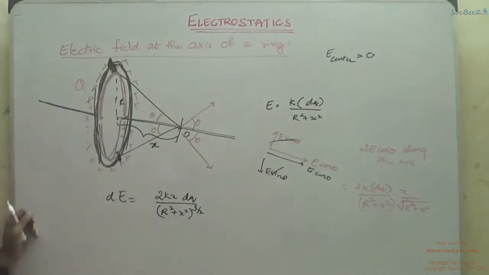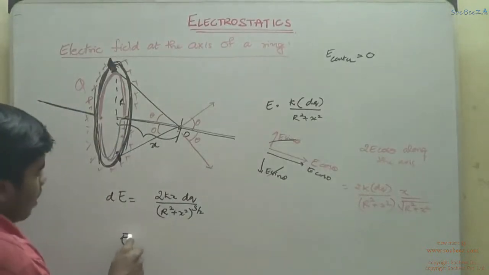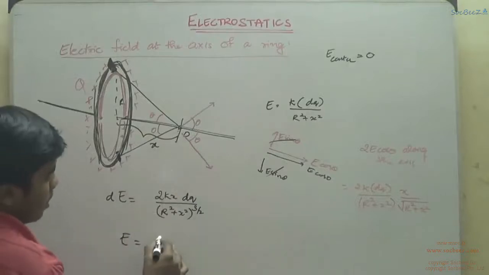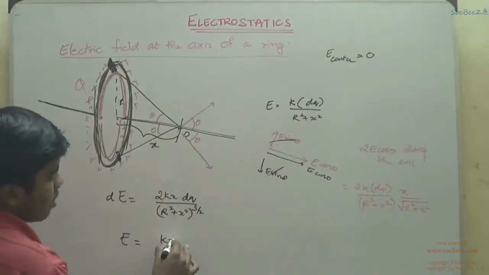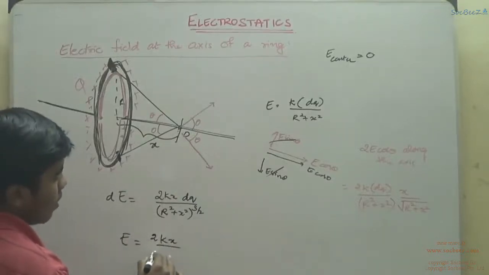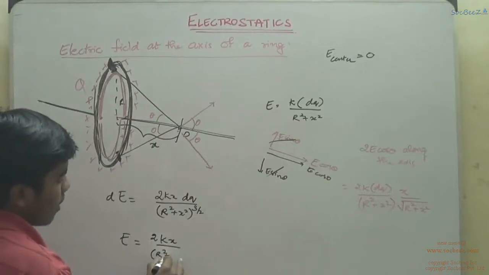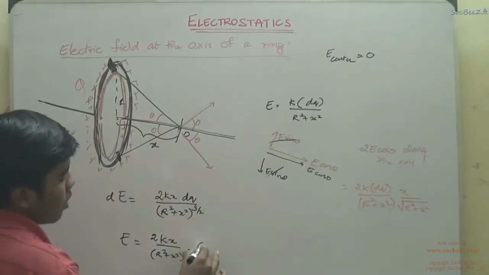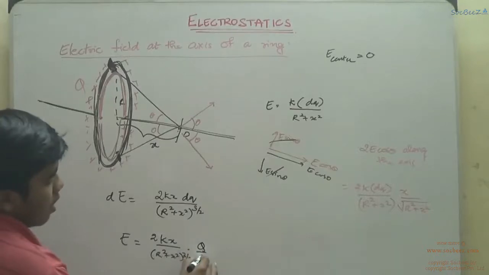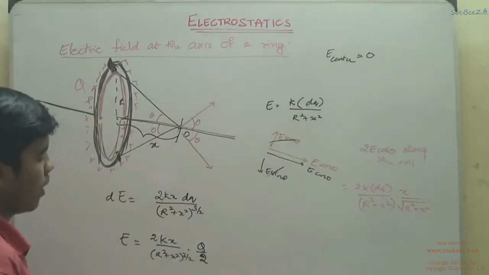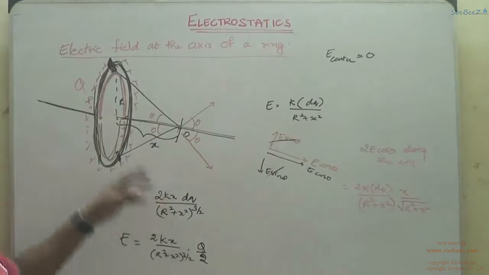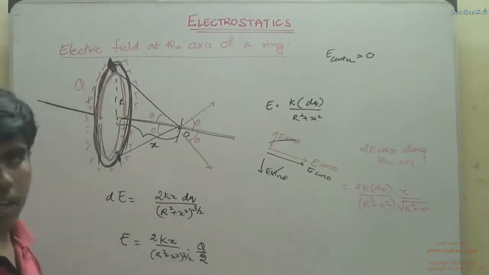Now if I integrate it, the net electric field at the point x will be equal to 2kx by r square plus x square power 3 by 2 times q by 2. Understand why this q by 2 comes. This q by 2 comes because I am not integrating over the whole ring.